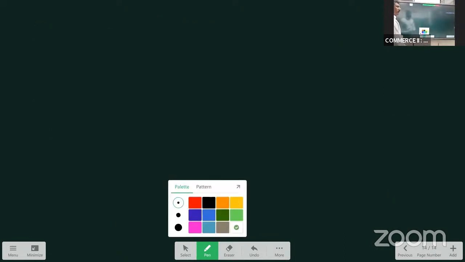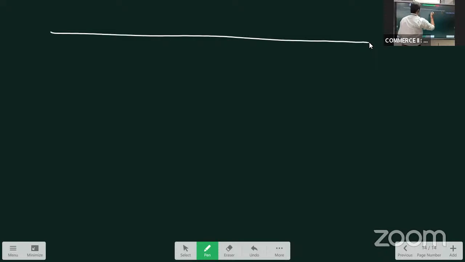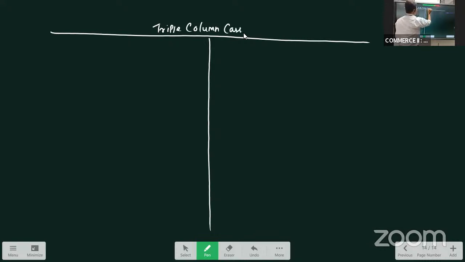So let us see how our 3-column cash book looks like and what is a very peculiar thing about writing a 3-column cash book. I'll start with the format itself. Then I'll explain you what it is. It is called as 3-column cash book, or we call it as triple column cash book. It again has debit side and credit side.